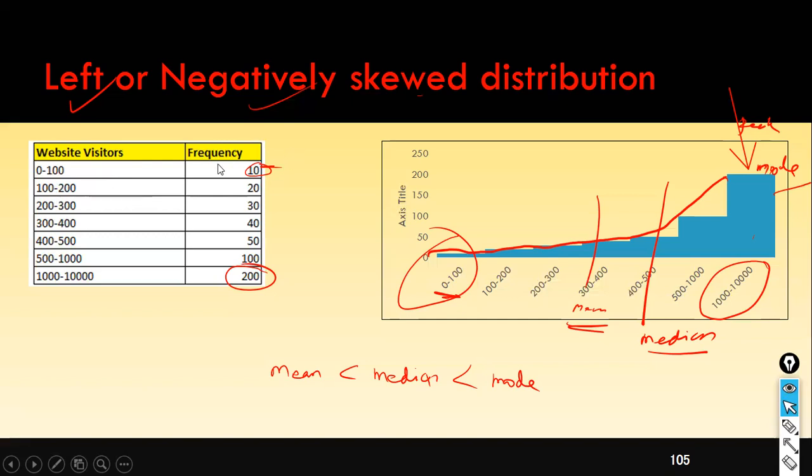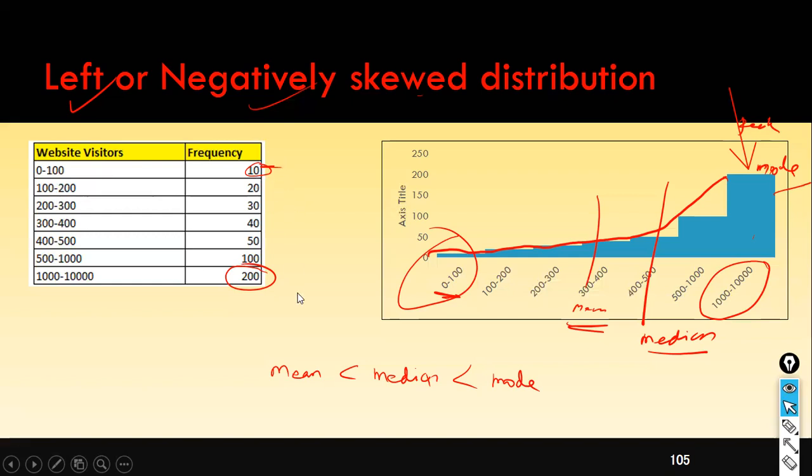Likewise, you need to find the midpoint for each interval and multiply that midpoint by the frequency. So here the midpoint is 50, and 50 into 10 is 500. For 100 to 200, the midpoint is 150, and 150 into 20 is 3000.